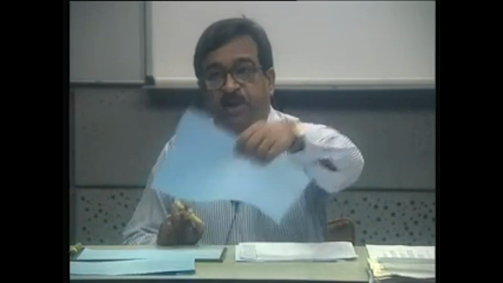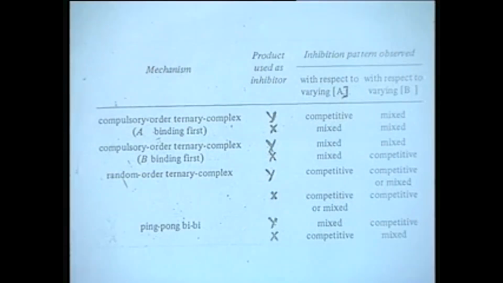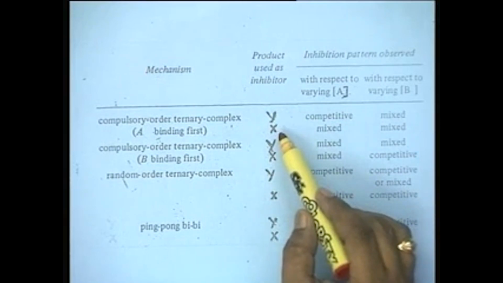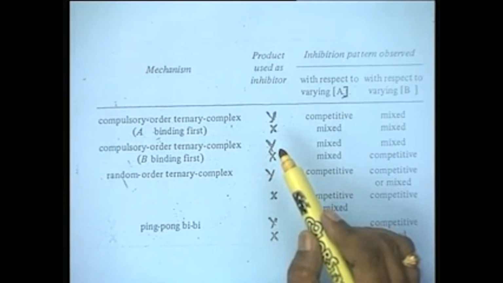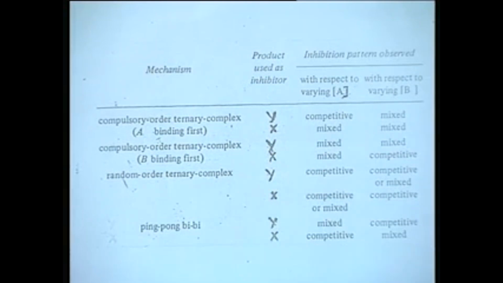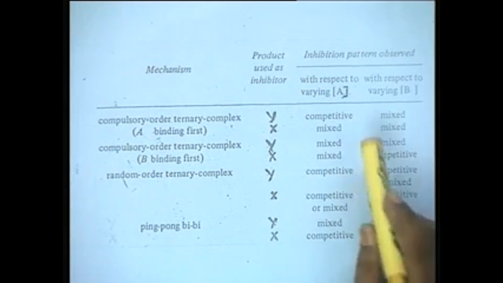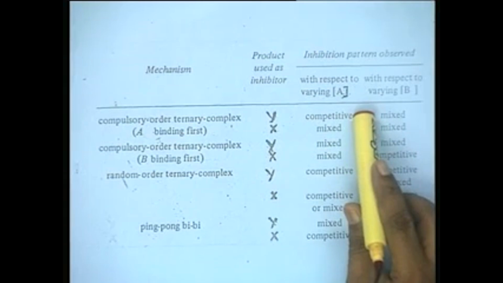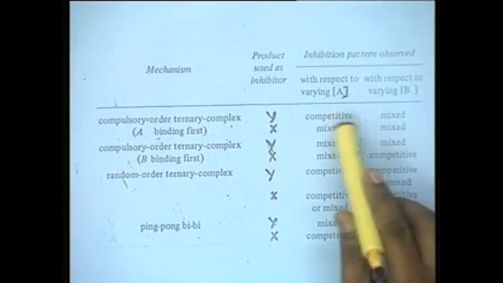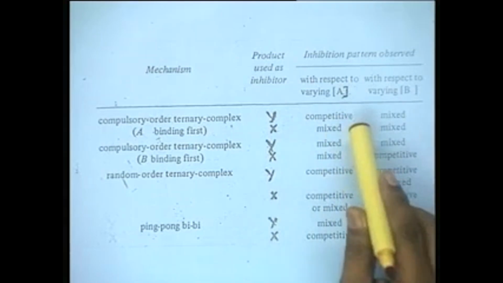Now, by studying the inhibition pattern of each of the products used as an inhibitor, let us say in a compulsory ordered ternary complex formation in which the substrate A binds first, if you use the two products Y or X separately as inhibitors in the reaction and notice their effect, with respect to the varying A you get a competitive inhibition pattern, and with respect to X as the inhibitor you get a mixed inhibition.